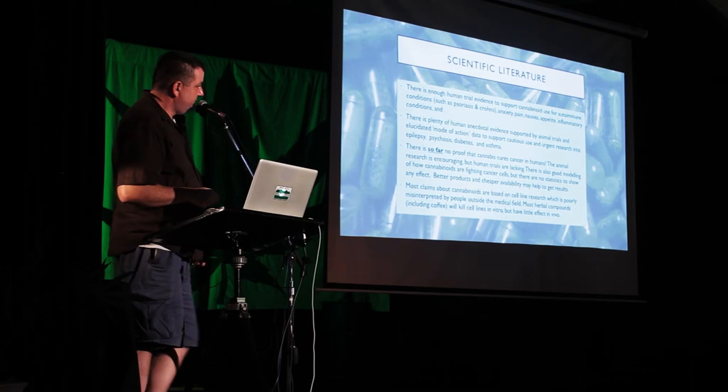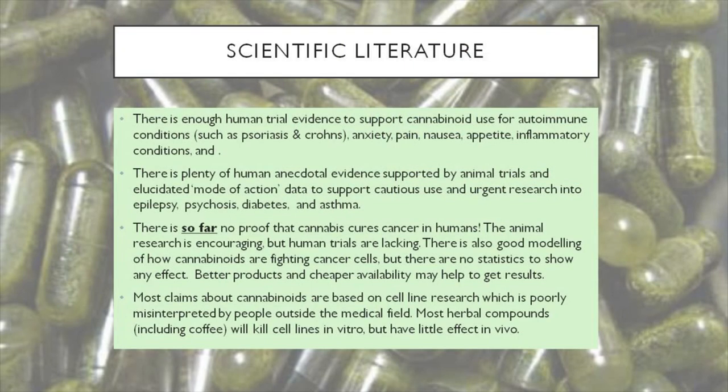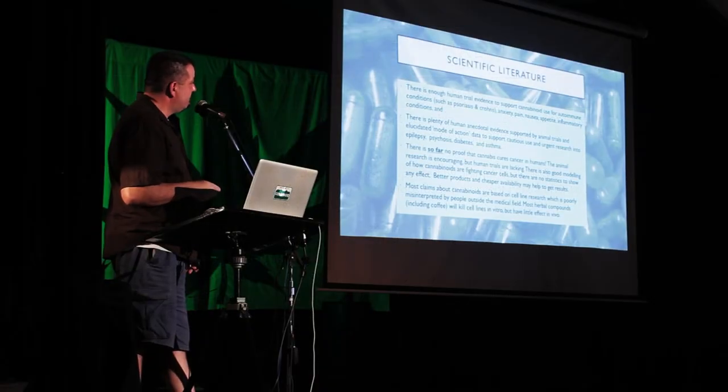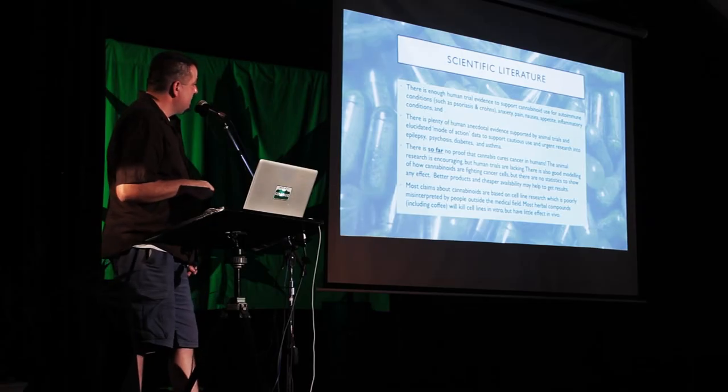Just as a summary, there's enough human trial evidence to support cannabinoid use for autoimmune conditions such as psoriasis and Crohn's, anxiety, pain, nausea, appetite, inflammatory conditions, and I forgot one. There's plenty of human anecdotal evidence, animal trials, and mode of action data to support cautious use and urgent research into epilepsy, psychosis, diabetes, and asthma, as was talked about by the previous speaker.